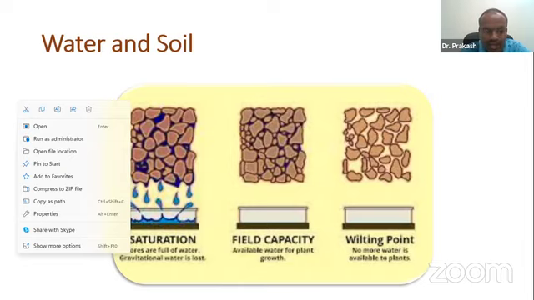Here there is a ratio of water and air in the soil. As I said earlier, there is soil porosity. In the porous structure, air is there as well as water. In the picture you can see the saturation point, the field capacity point, and the permanent wilting point.